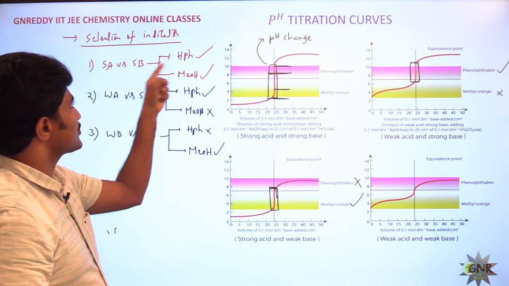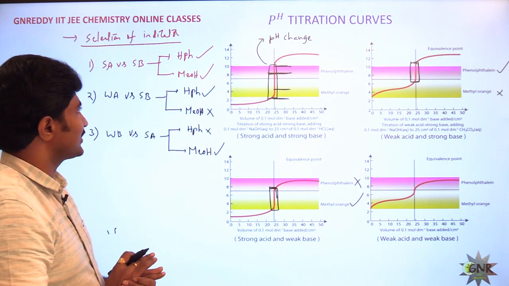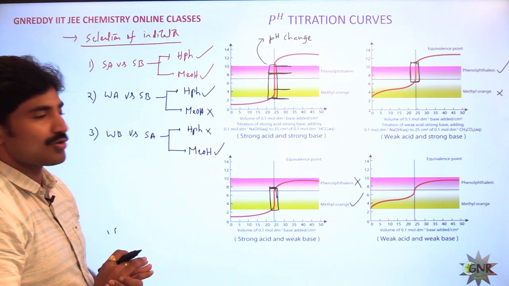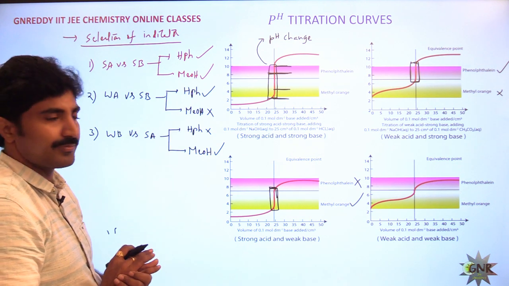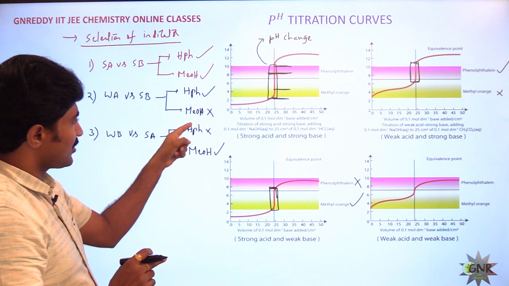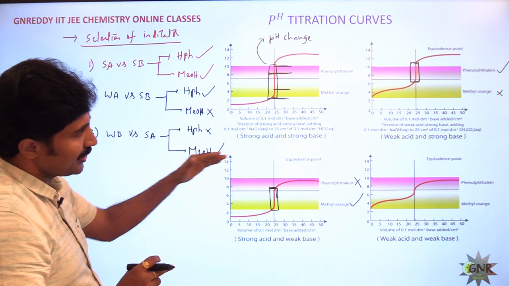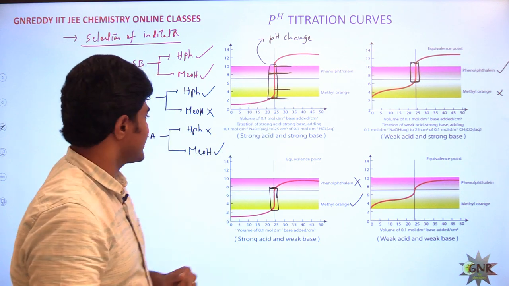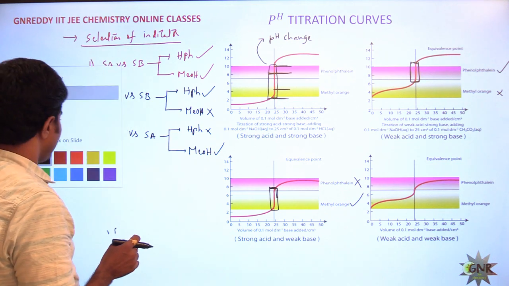So for strong acid versus strong base, you can use phenolphthalein or methyl orange. For weak acid versus strong base, you can use only phenolphthalein but not methyl orange. For weak base versus strong acid, don't use phenolphthalein, use only methyl orange. That can be understood by using this concept. What is the concept?